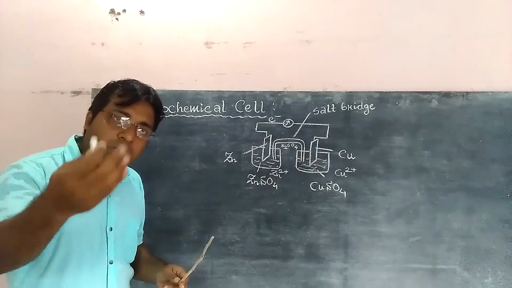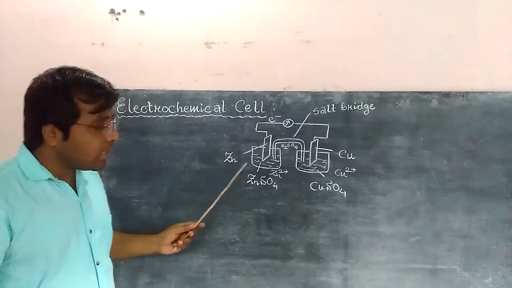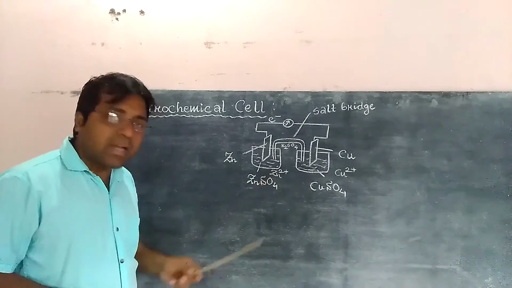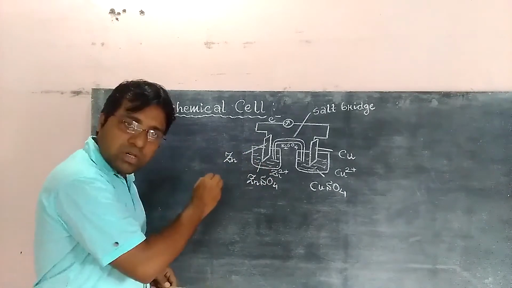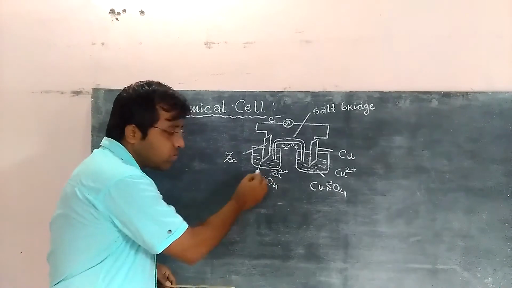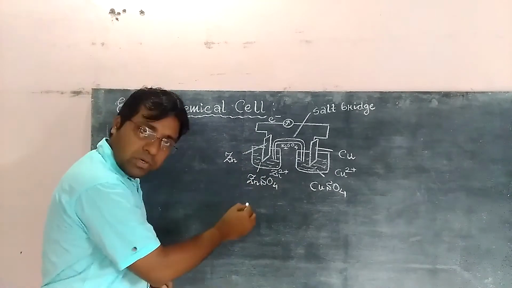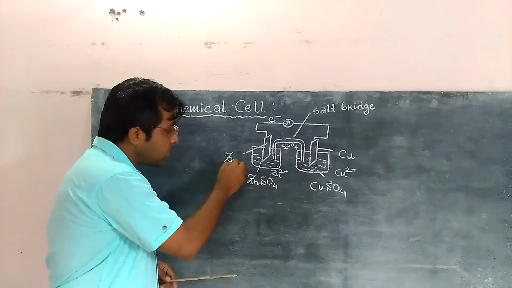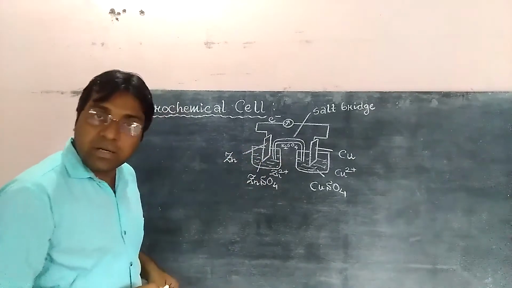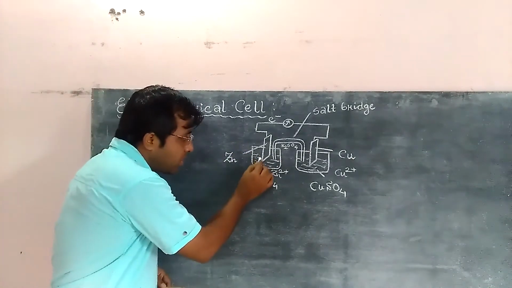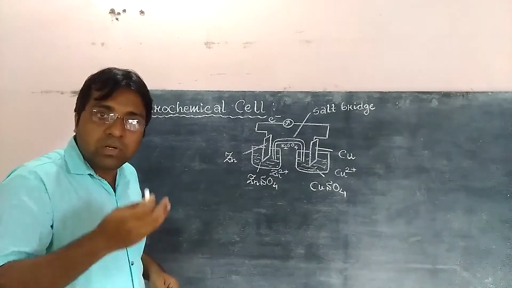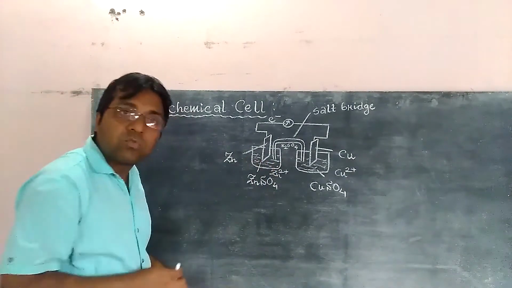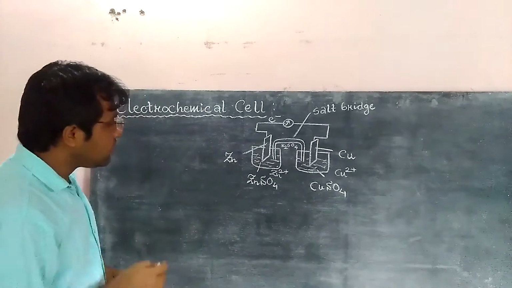After losing two electrons, zinc itself becomes Zn2+. Already Zn2+ is here in the solution due to the electrolytic solution, that is zinc sulphate solution. Moreover, this zinc also becomes Zn2+. And this way this solution slowly becomes concentrated due to the presence of Zn2+ ions.